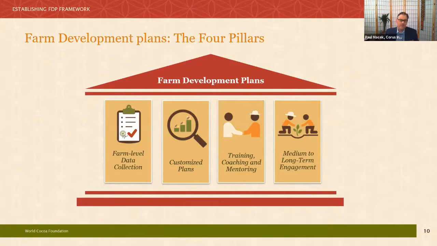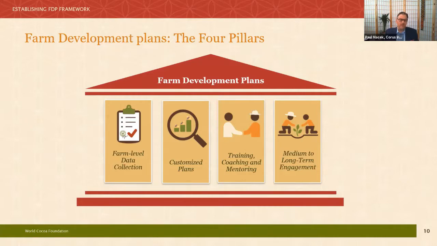As David was saying, we're trying to tackle both the behavioral changes that are necessary on an individual farm and with an individual farmer, relative to their aspirations, goals and investment horizon, but also ensure they're provided with the right information at the right time. Here you can see on this graphic the 4 pillars of the current farm development plan that we've seen in the field.